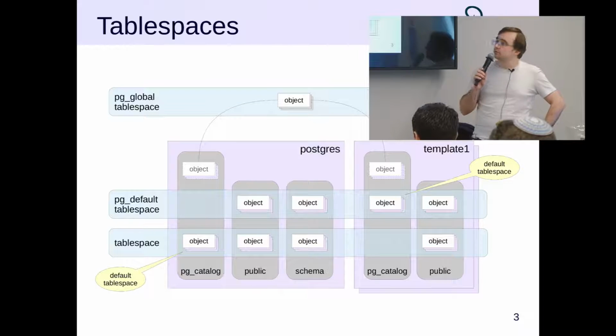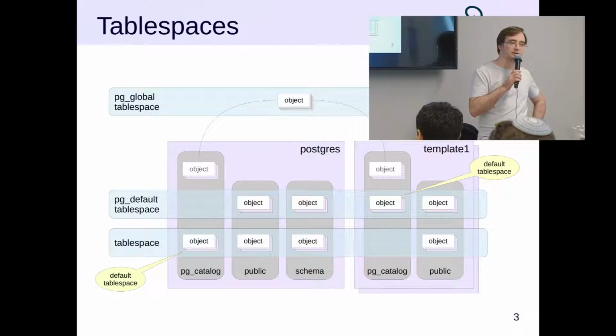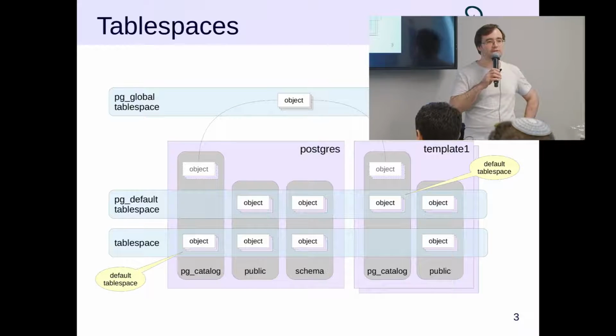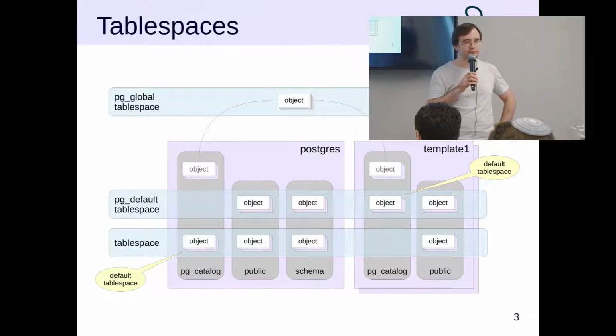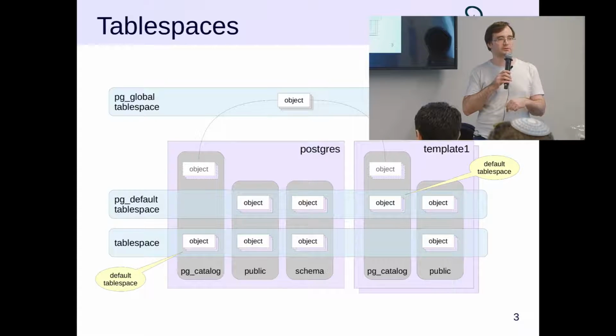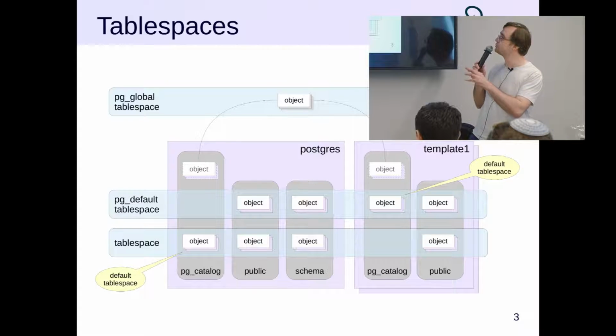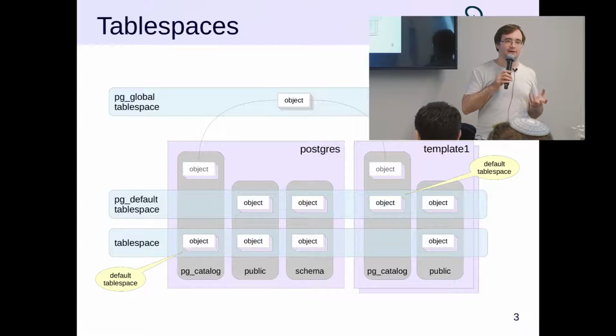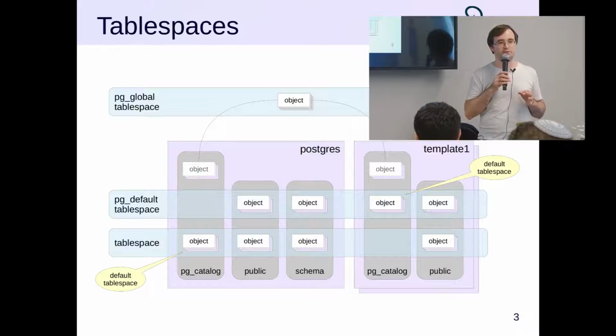But each database has a so-called default table space. By default, pg_default is the default table space for each database. The default table space is used for all objects unless you specify another table space explicitly.